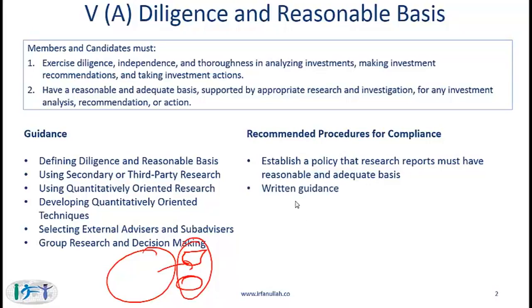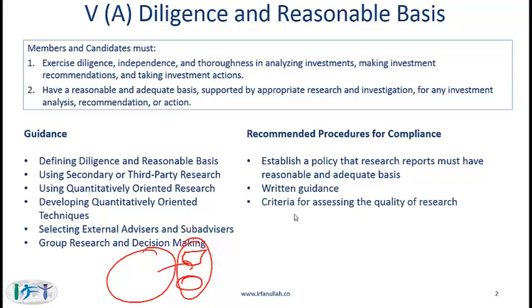There should be written guidance for analysts, and that includes research analysts, investment analysts, supervisory analysts, as well as the review committee. And these written guidelines should establish the due diligence procedures for judging whether a particular recommendation has a reasonable and adequate basis.